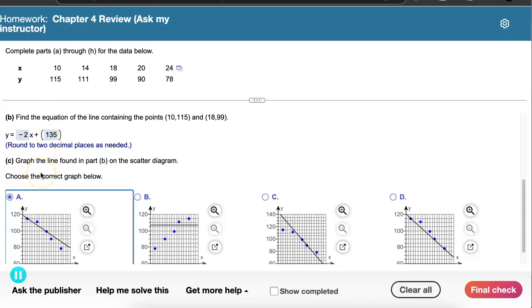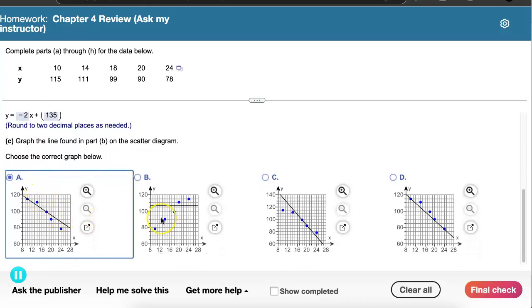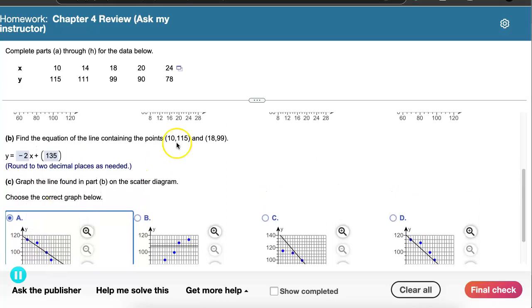In part C, we're asked to graph that line on top of the scatter diagram. So here's where I really want to pay attention to the different graphs and their scales. Looking at these, I see 3 of these that have the same shape of those scatter plots that we graphed earlier in part A. But this line is supposed to go through the points (10, 115) and (18, 99).